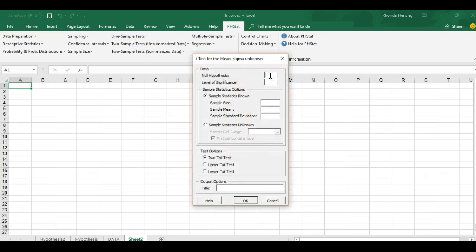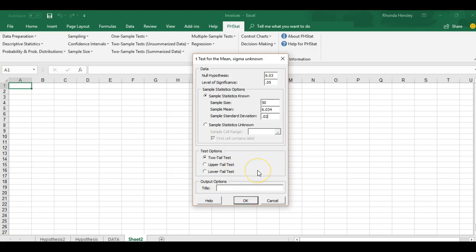My null hypothesis is that it weighs 6.03 ounces, my level of significance 0.05. My sample size was 50 candy bars, and the average weight was 6.034 ounces, slightly above, and my standard deviation from the sample was 0.02 ounces. So the data was given in the problem.